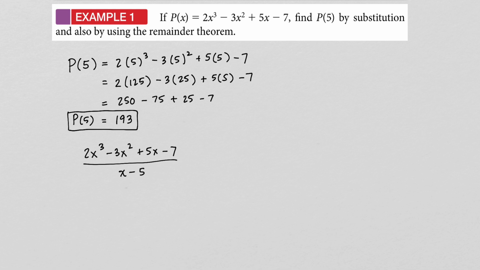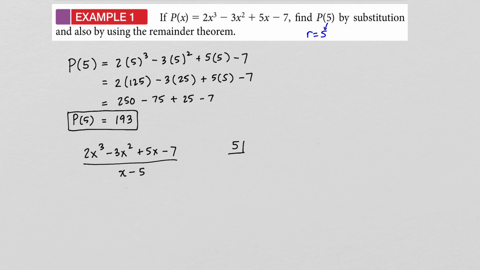Because we're dividing by x minus r, and in this case, r is 5. r is this number here. Then we can do this division using synthetic division. So remember, what we do is we put the opposite of this number here in the box, which means we put 5 in the box.